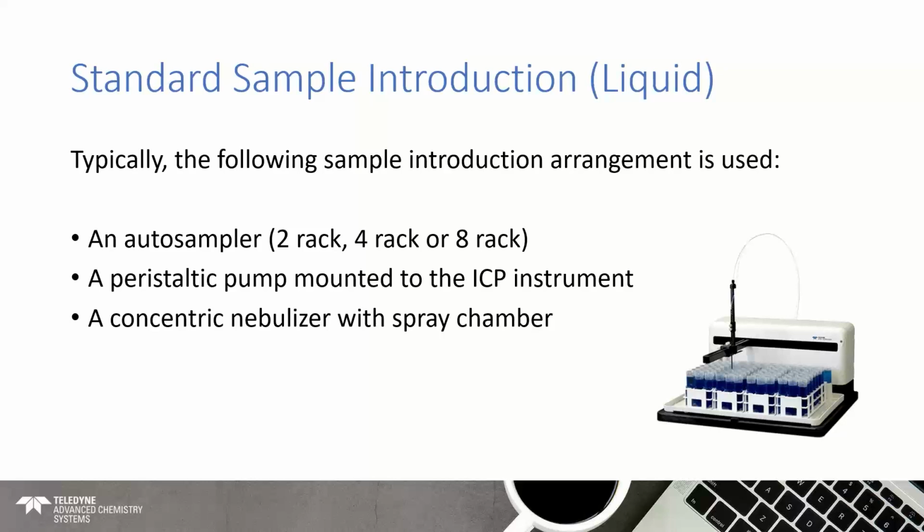We have automation, for example our 2-rack, 4-rack or 8-rack automation. We operate it with a peristaltic pump, typically the one mounted to your ICP instrument. And then we work with a spray chamber and a nebulizer, typically a concentric nebulizer and, say, a cyclonic spray chamber.